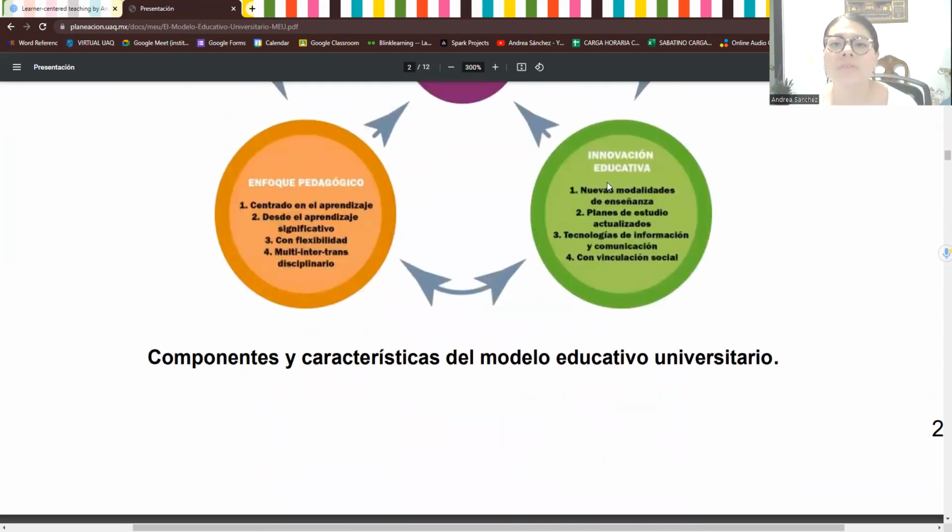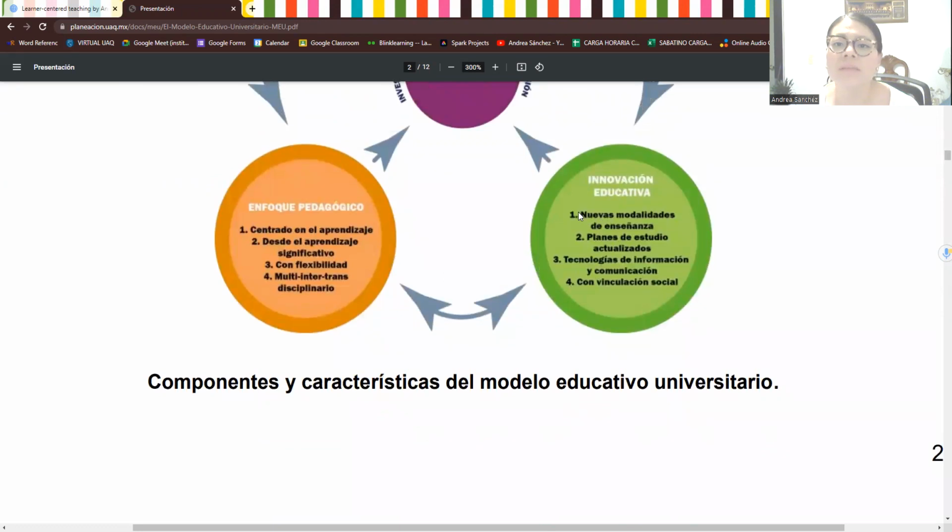En cuanto a la innovación educativa, dice que nosotros proponemos todo el tiempo nuevas modalidades de enseñanza, planes de estudio actualizados. If you remember, we were mentioning that Licenciatura en Lenguas Modernas en Inglés was last updated in 2018. So that was basically 5 years ago, okay?